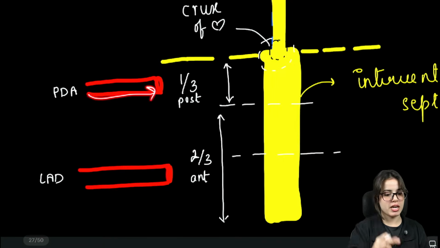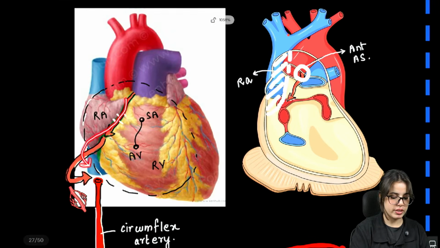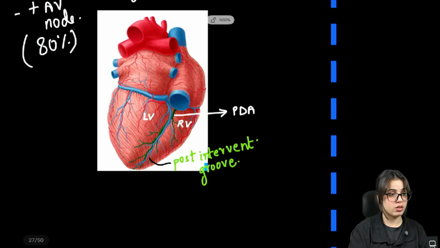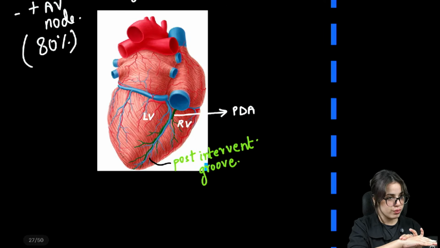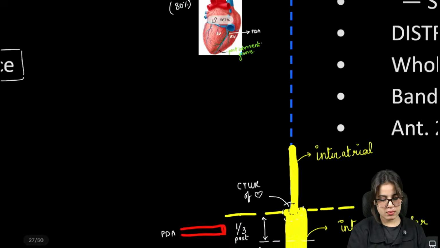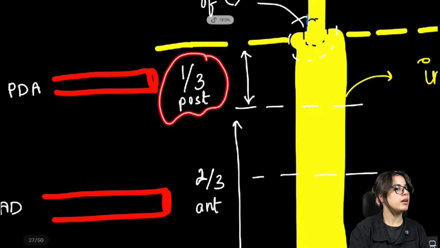So now you can imagine that when RCA goes posteriorly and becomes the posterior interventricular artery, going inside the posterior interventricular groove towards the apex of the heart, this is the apex of the heart, right? During this journey, it provides the 1/3 posterior part to PDA.